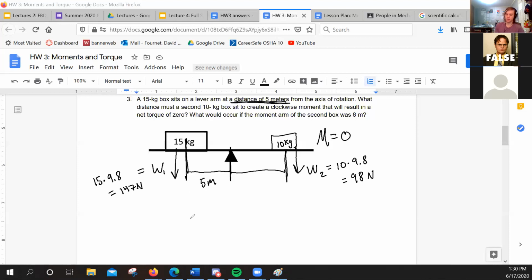So it would be the moment equals the force 147 times the distance 5, which is 735. Perfect. And is that going to be positive or negative?